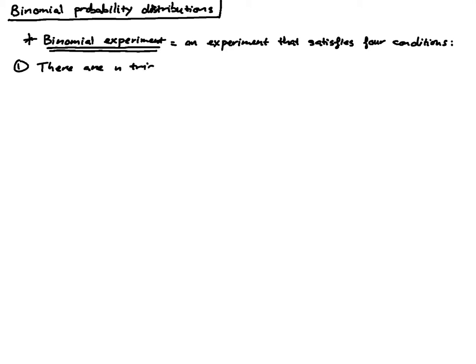So the binomial experiment is an experiment that satisfies four conditions. The first condition is that there must be n trials. So there are n trials. The second condition is that each trial must have two outcomes.